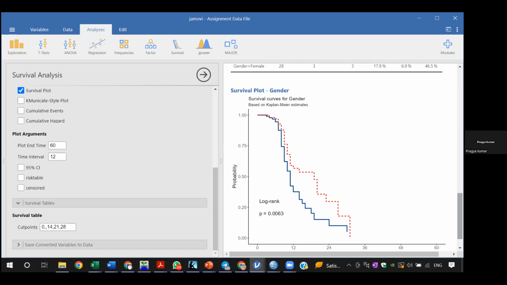Usually the life table is seen very limited, because we used to do the life table before KM. But if you have the exact time of follow-up, why would you go for a life table? There's no point. So it's better that you apply KM and Cox and report it.